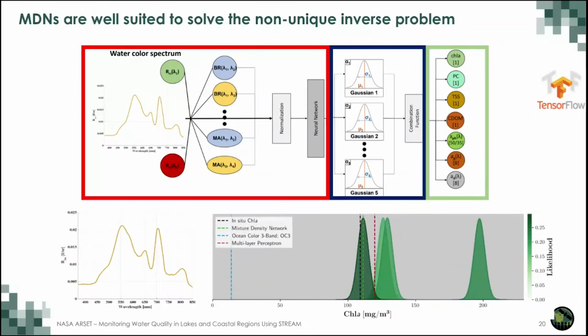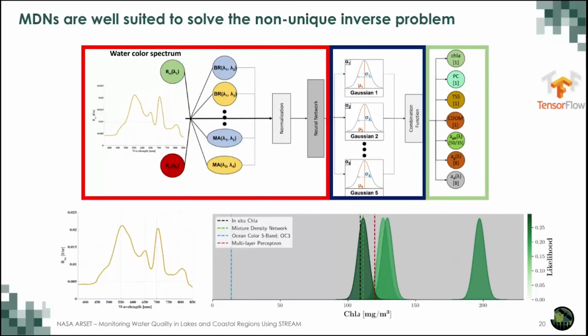Each of these Gaussians, again, has a mean, standard deviation, and probability associated with it. So we can select the Gaussian with the highest probability, take its median value, and estimate that. And for this particular highly eutrophic region, that ends up having a better estimate that matches more closely with the in situ chlorophyll A concentration represented by that dashed black line than either the standard machine learning algorithm or the Ocean Color 3 algorithm.